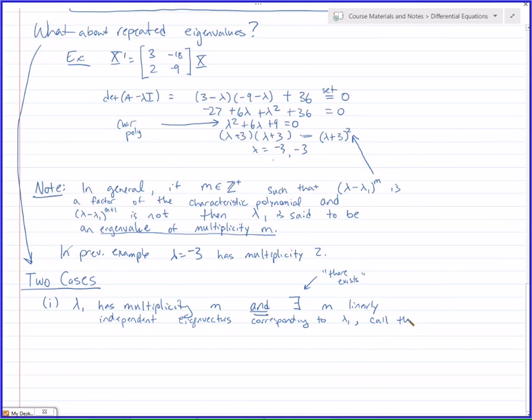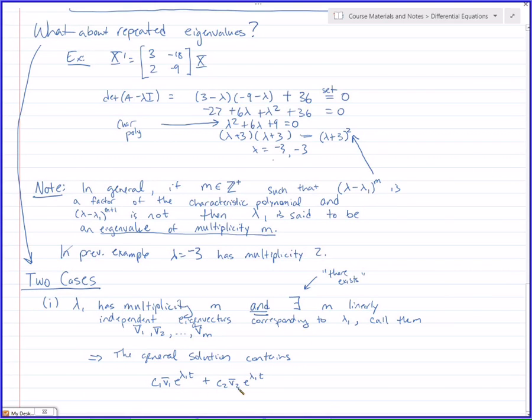Call them V1, V2, all the way out to Vm. Which means the general solution contains the following components. It's C1 V1 e to the lambda 1 t plus C2 V2 e to the still lambda 1 t. Notice how the lambda stays the same because it's repeated.